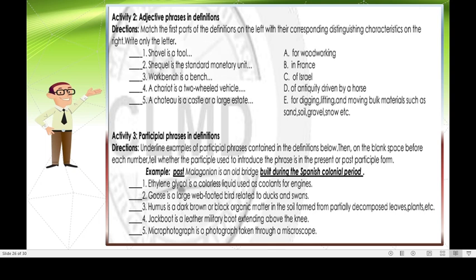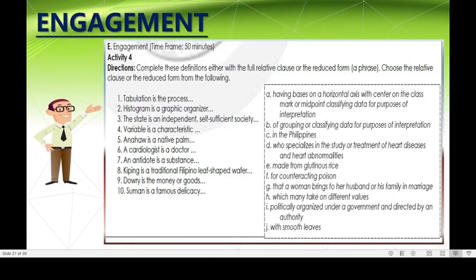The directions: underline examples of participial phrases contained in the definitions below. Then, on the blank space before each number, tell whether the participle used to introduce the phrase is in the present or past participle form.